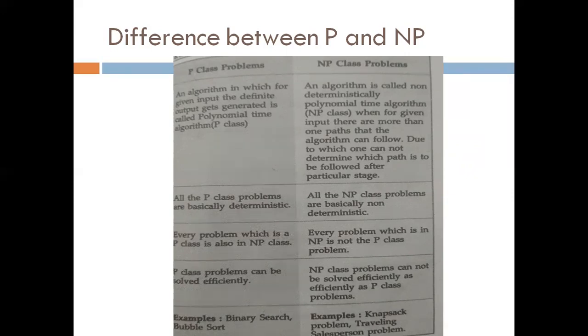Every problem which is in P class is also in NP class, but not every problem in NP is in the P class. P class problems can be solved efficiently, while NP class problems cannot be solved as efficiently as P problems. Examples of P class problems: binary search, bubble sort. Examples of NP class problems: knapsack problem, traveling salesperson problem.